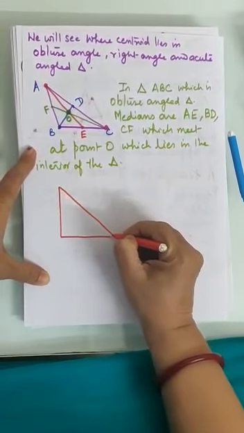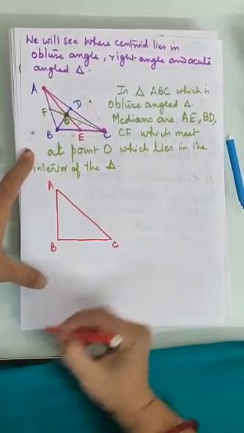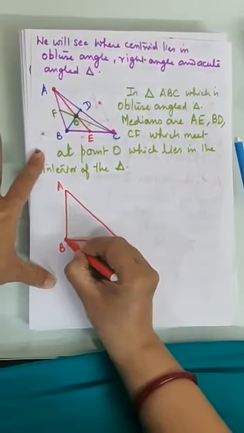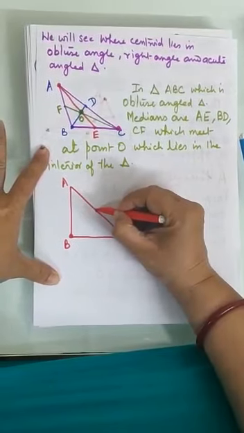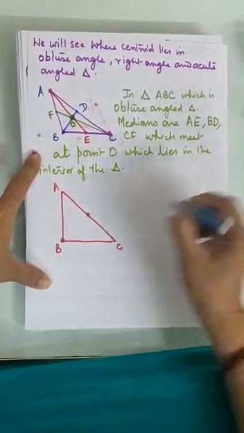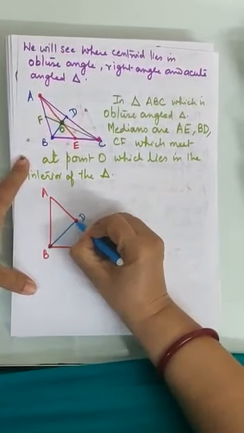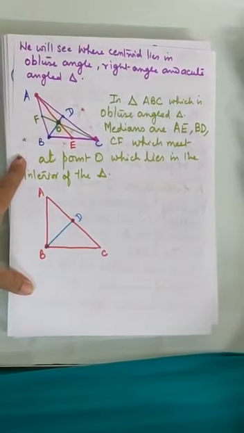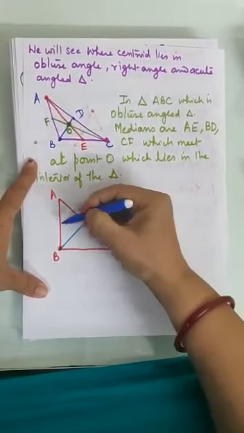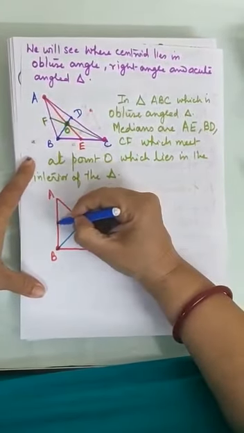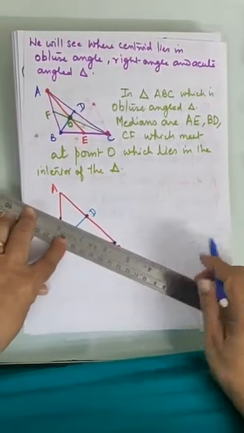This is a right angled triangle. Let us name it A, B and C. Now this is the vertex B. Opposite side AC. Let us take the midpoint. Let it be this one. Now let this point be D. Join BD. Now take this vertex C. Opposite side is AB. Find the midpoint and join it.